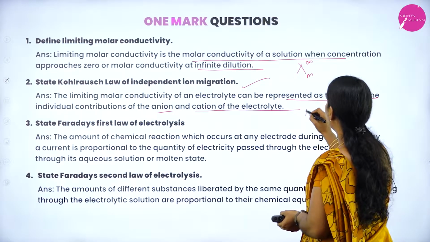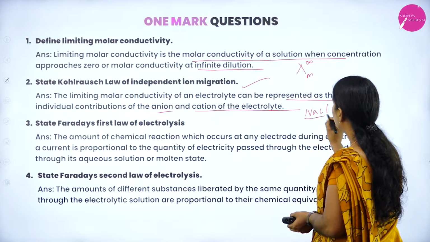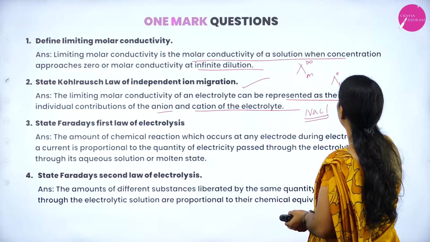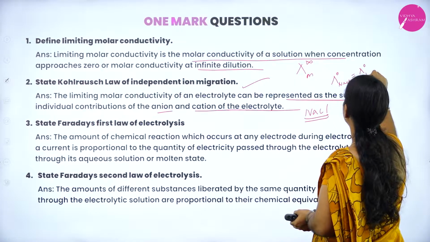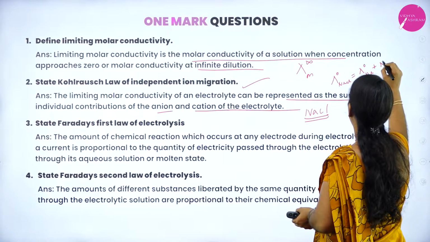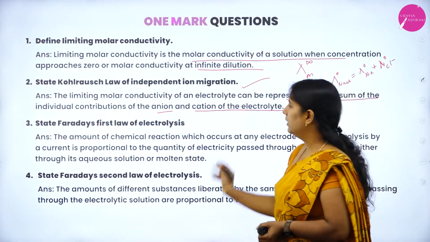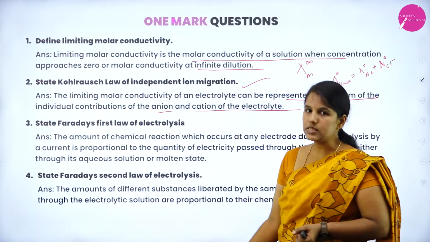For example, the limiting molar conductivity of sodium chloride is equal to the limiting molar conductivity of the sodium ion plus the limiting molar conductivity of the chloride anion. This is the scientist who gave this idea.